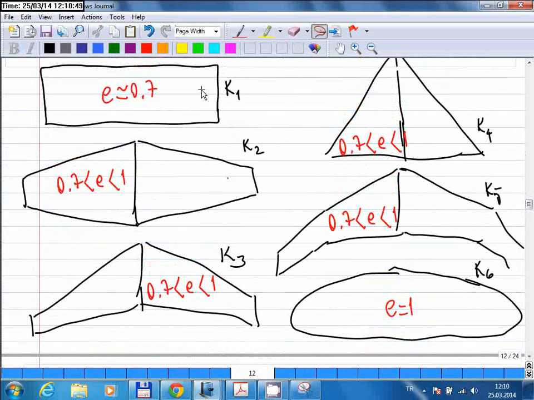So if you don't know exactly the value of the E number, you can just try to guess as close as possible. So for example, if you know that for a rectangle it should be something like this, and for this you can choose 0.8, for example, is a reasonable assumption. If you don't have anything better to use, then you can just use your best guess to calculate the performance. Okay?